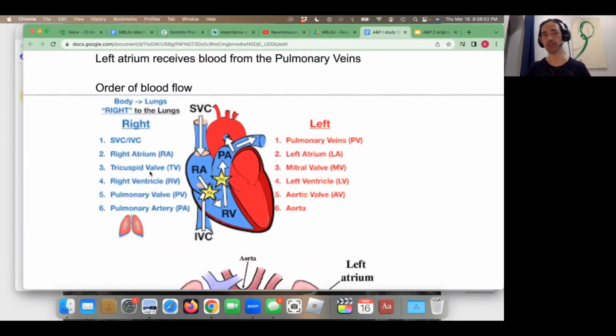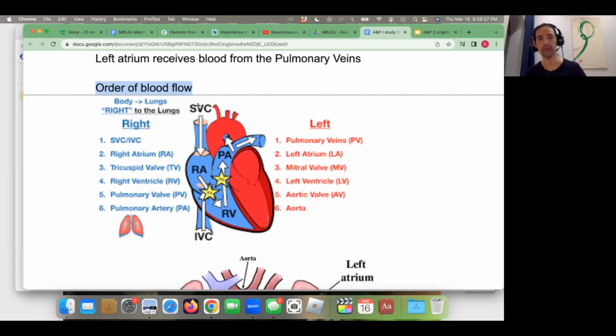And the way that you can study them, called the order of blood flow, is right here. Starting with blood coming into the heart, when it first comes into the heart, it comes in through the right side. They're going to ask you to know that. It's going to come in through the SVC, IVC. That's the superior vena cava. You see there's an SVC up here, that's superior, and there's an IVC down here, that's inferior.